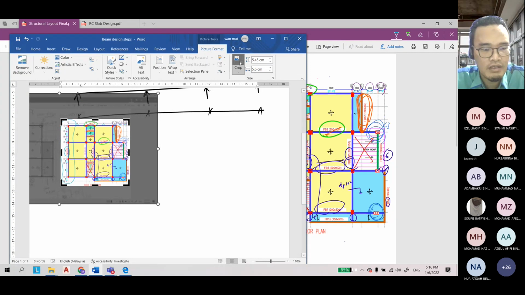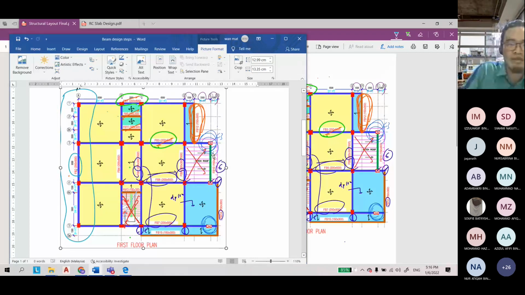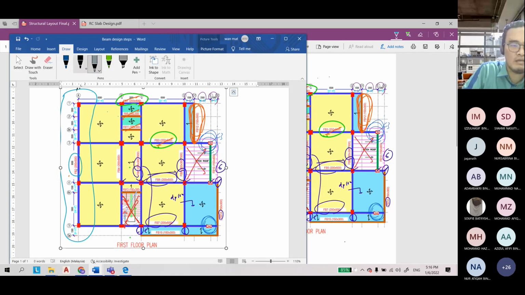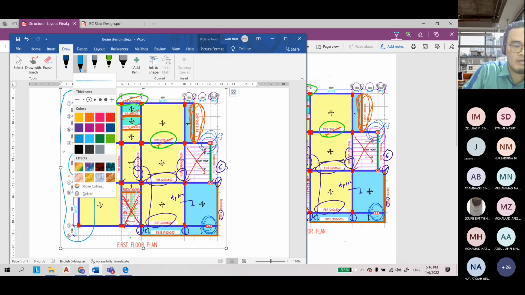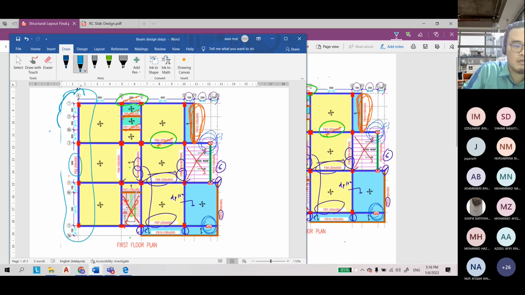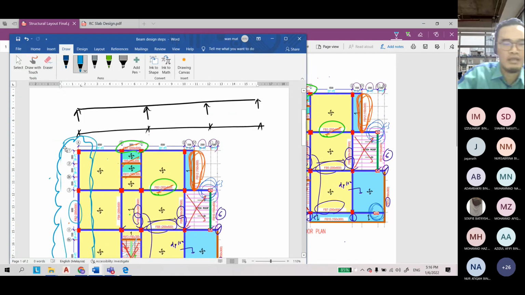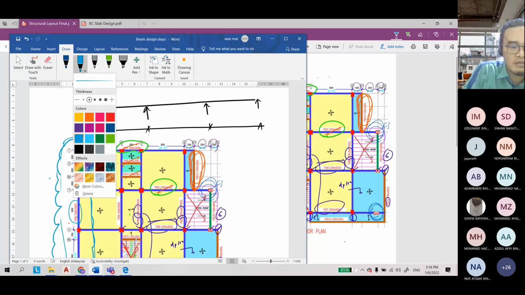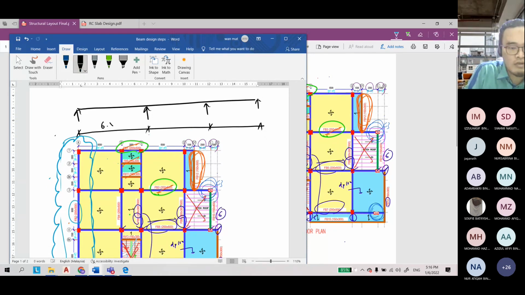So I show the position of the beam, so I know what is around my beam. So I show the beam is here. Okay, this is the beam. So the distance is about 6.5 meters, 6 meters, and 6 meters.